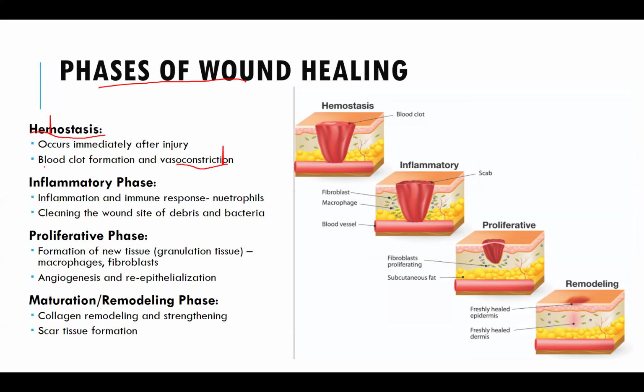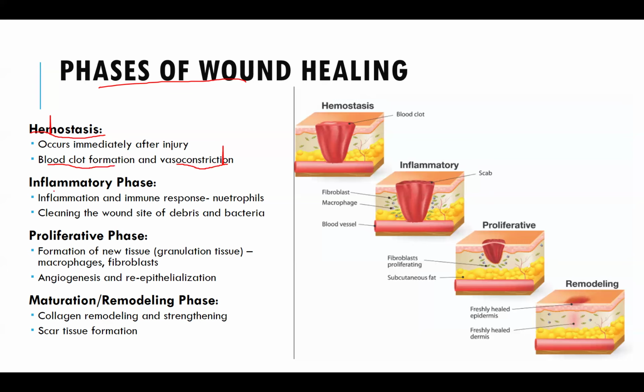And then because of the damage to the tissues, we'll activate some clotting factors. Usually the thrombin protein is activated, and then we have activation of the platelets, which will form a platelet plug in that area. And eventually you trap blood cells and then form a clot that usually blocks off the blood supply in that area to prevent further bleeding.